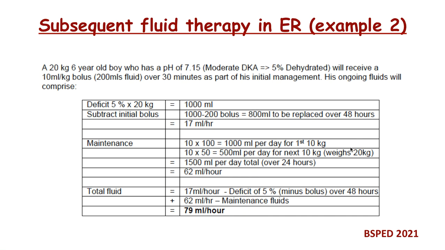So when you calculate fluid in this patient as per 5% deficit, which will come out to be 1000 ml, then you will subtract this initial bolus. So that is the difference. When the patient is shocked and you give fluid to resuscitate them, that fluid will not be deducted. However, if you give fluid as part of initial fluid management, which is given as a slow bolus over 30 minutes, then that fluid needs to be deducted. That's it.